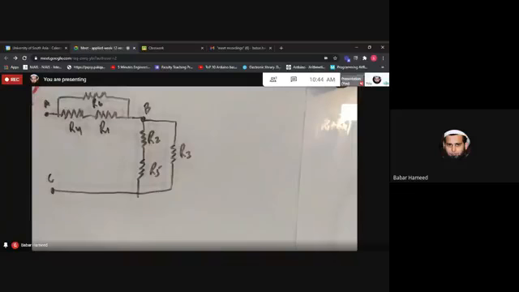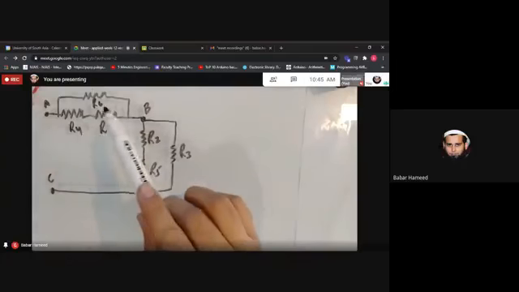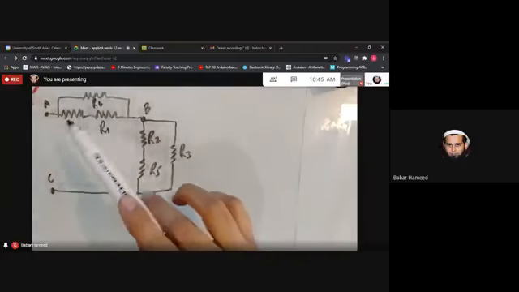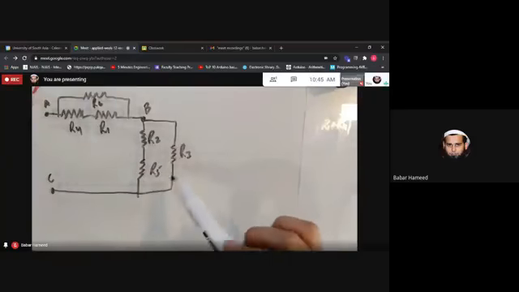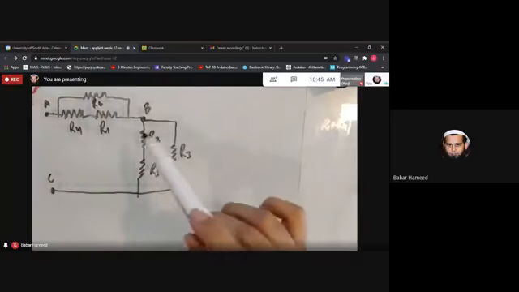Now R6 is connected in parallel with the series combination of R1 and R4, and the series parallel combination of R1 R4 is in series with the series parallel combination of R2, R3 and R5.